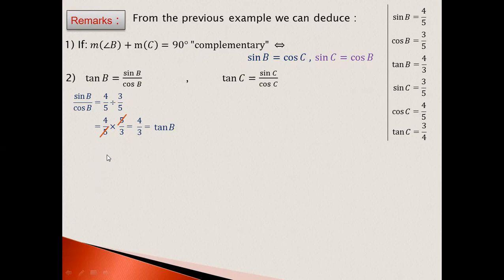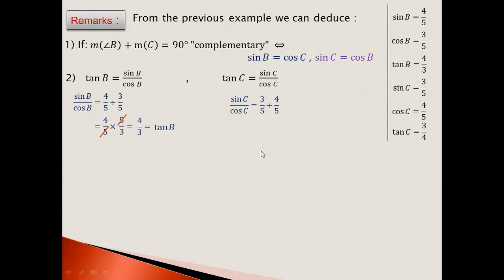Again, now we deduce that the ratio between the sine of the angle B and cosine of the angle B is equivalent to tan B, because each one of them is equivalent to 4 over 3. Also here, tan C is equivalent to the ratio between sine C over cosine C. If we divide sine C by cosine C, it's going to be 3 over 5 divided by 4 over 5.